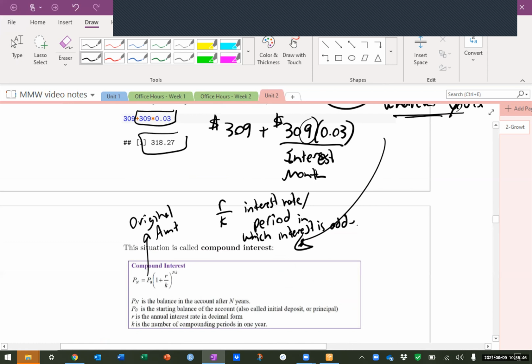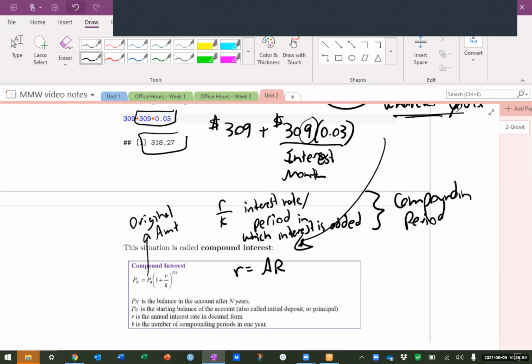This is called the compounding period. R is your APR, your annual percentage rate, as a decimal. And K is the number of periods per year that you're getting interest.